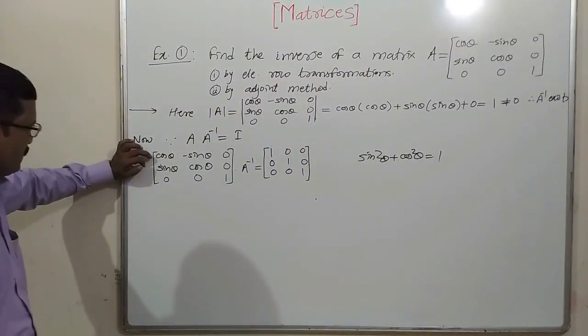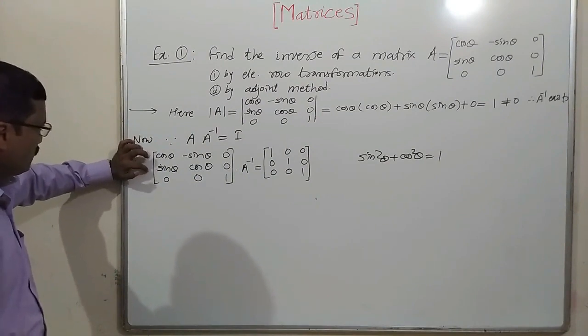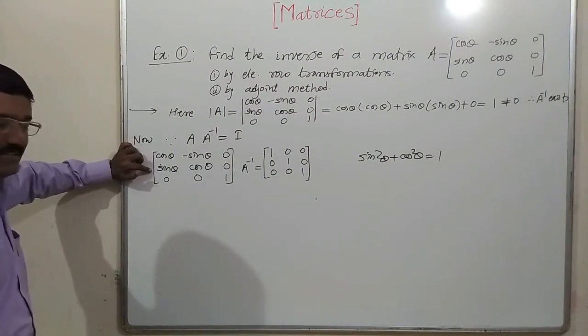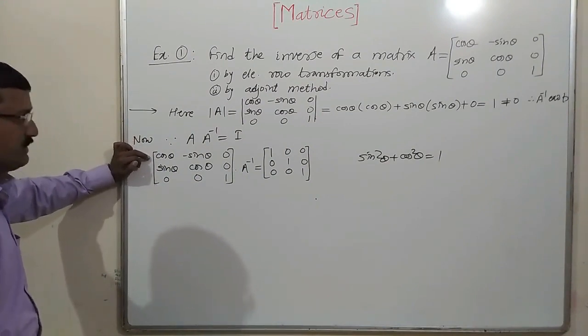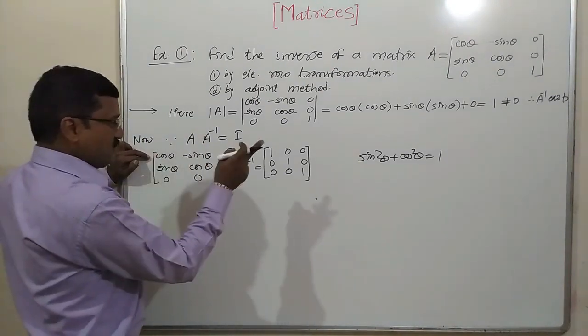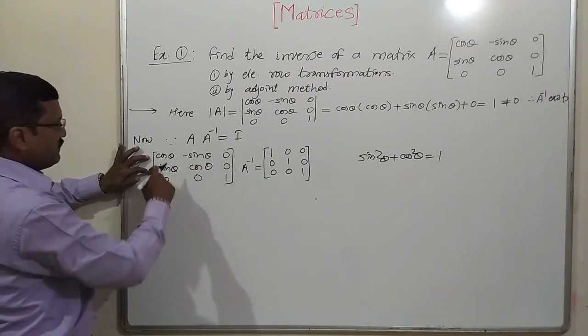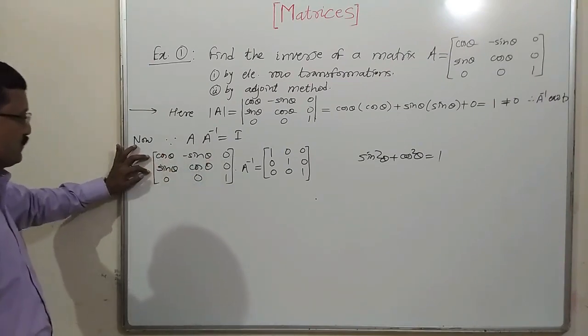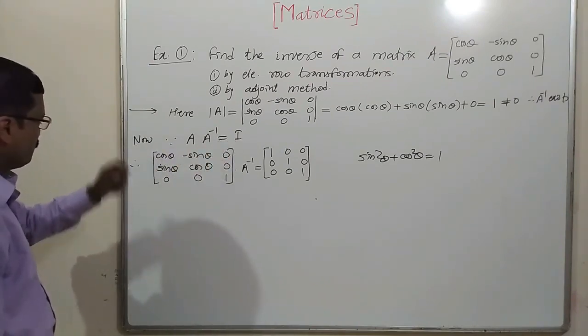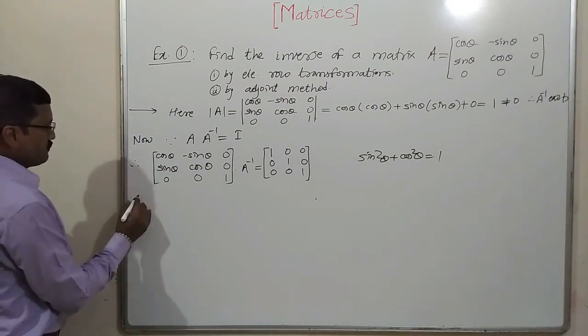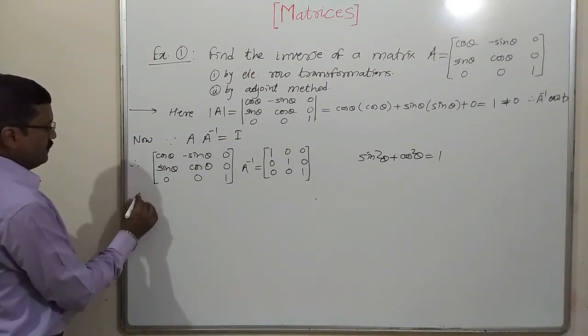Here cos theta is first element. In column, we are observing sin theta. So if you multiply this first row by cos theta, we will get cos square, and if you multiply second row by sin theta, we will get sin square, and we can add them so that we get 1 at this first position.